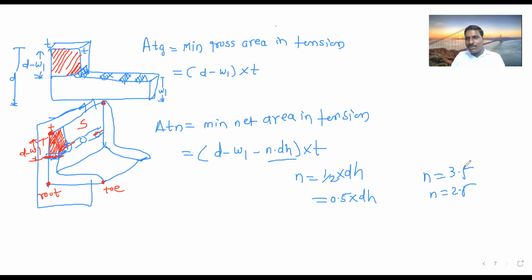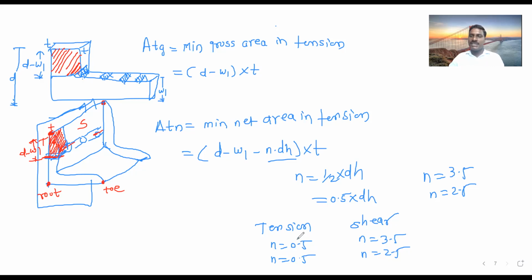So the remaining 0.5 area of bolt is what we have deducted. N is 0.5 here and 3.5 here; N is 0.5 here, 2.5 here. In tension we deducted the area of half a bolt in the net area, and in shear 3.5 or 2.5 or 1.5. The remaining half bolt we have deducted in the tension area.